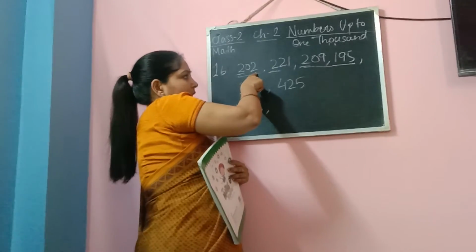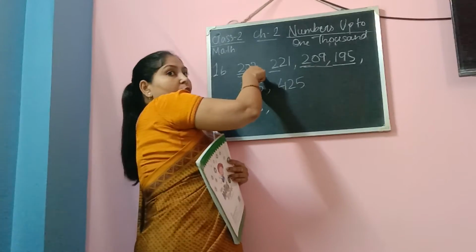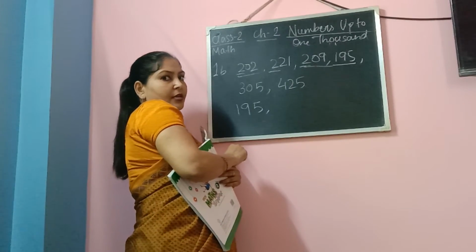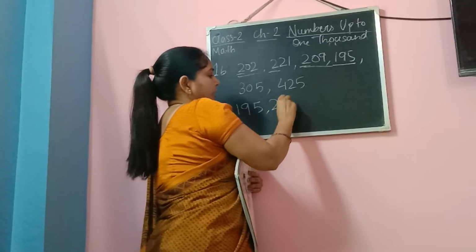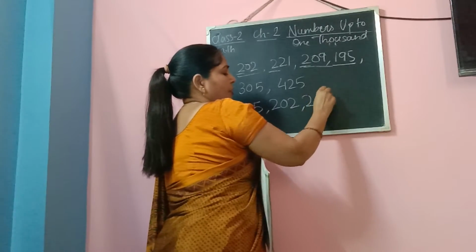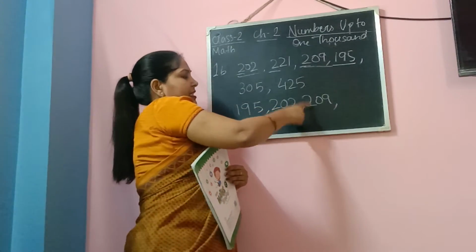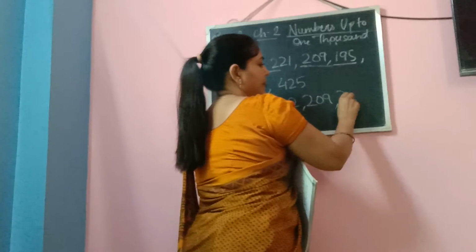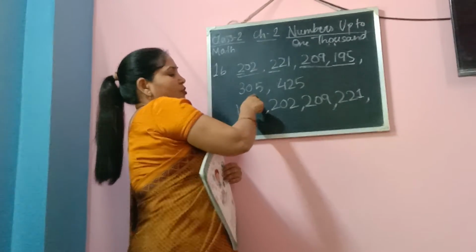Now we compare the ones place. In this case, the ones place is 2 here and 9 here. So which is smaller? This one is smaller. So we will write 202 and after that 209. Okay, done. Now next is 221.